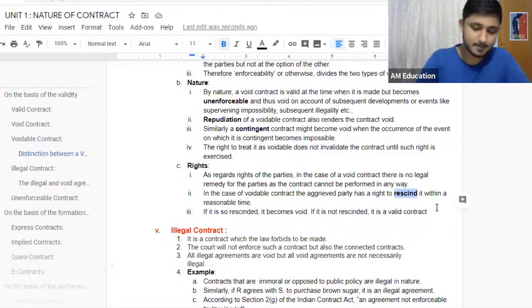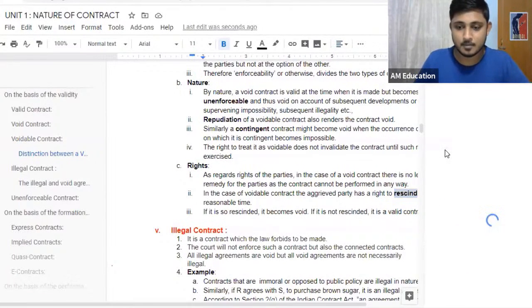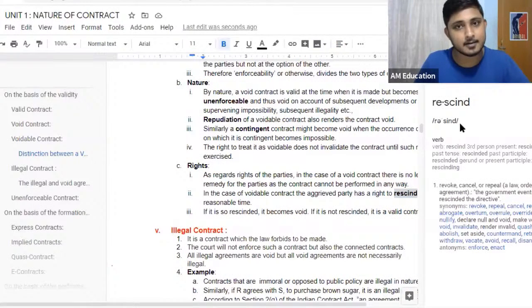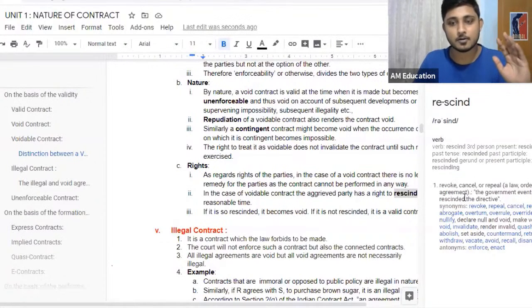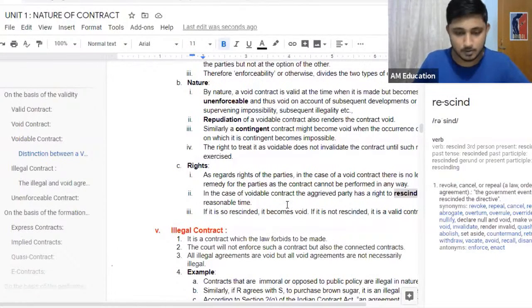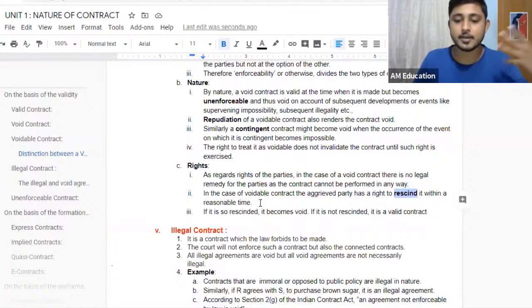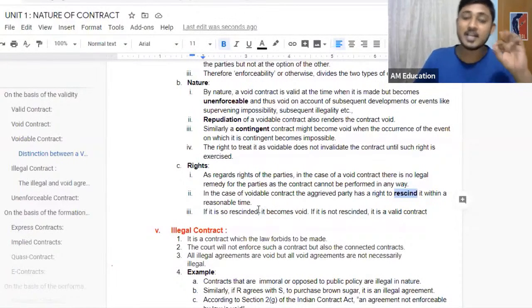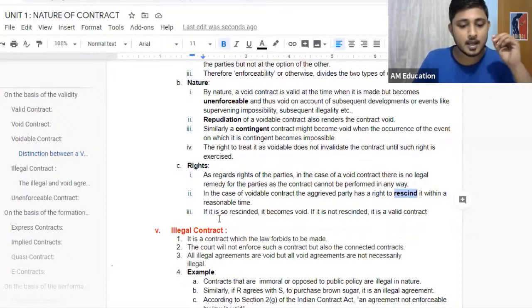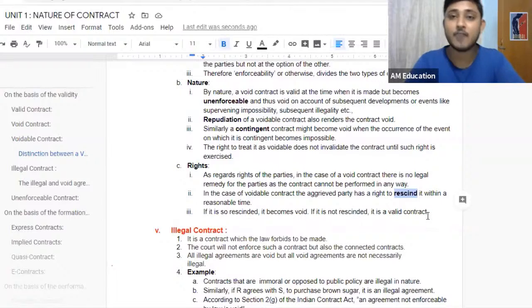It's cancelling the thing. Rescind, revoke, cancel, repeal. So, in the case of a voidable contract, the aggrieved party has a right to revoke or cancel it within a reasonable time. If it is so rescinded, it becomes void. If it is not rescinded, it becomes a valid contract.